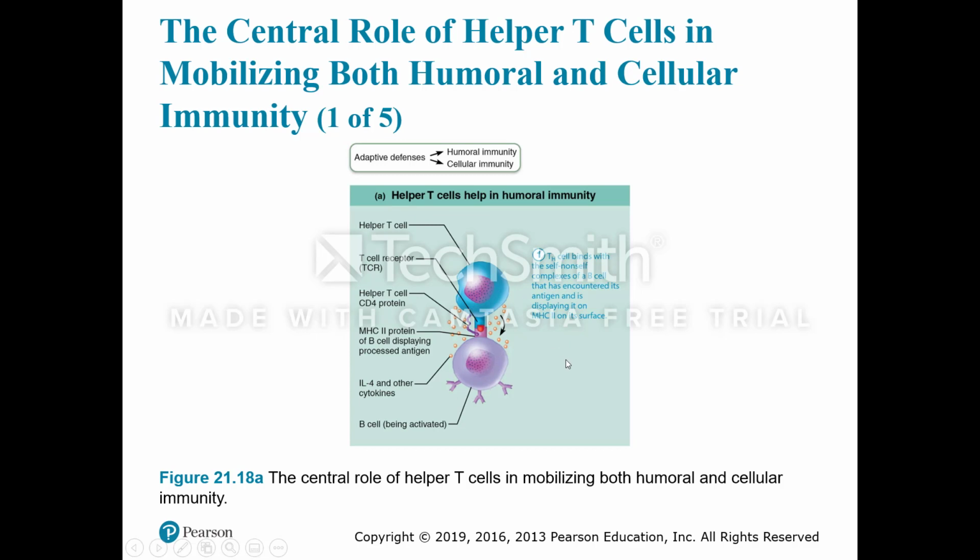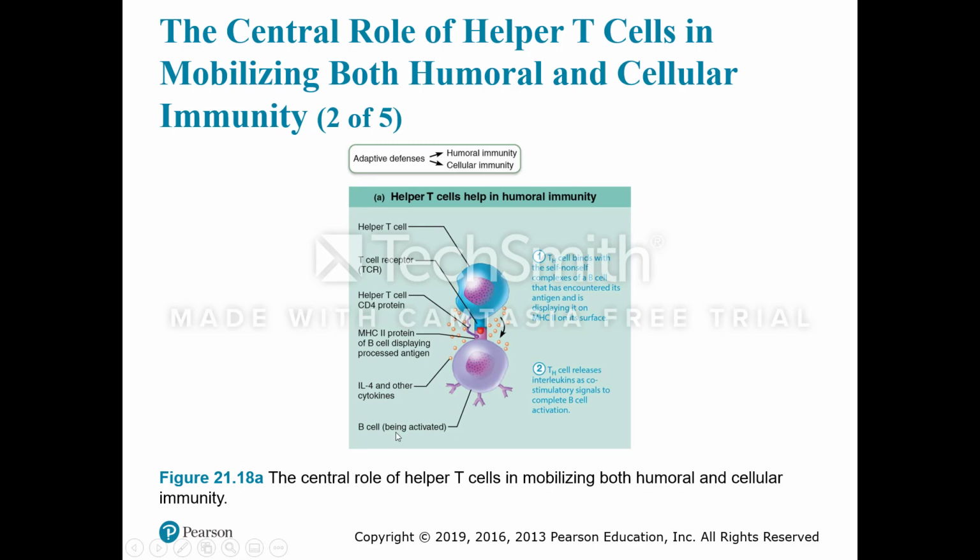You can see that the helper T cell binds with the self-clone complexes of a B cell that has encountered its antigen already and is displaying its MHC2 on the surface. The helper T cell would release interleukins, which serve as a co-stimulant to signal and complete the B cell activation.